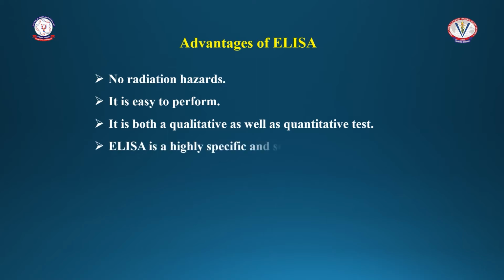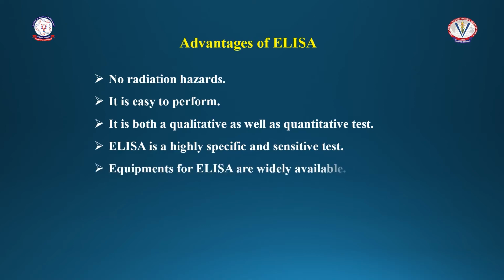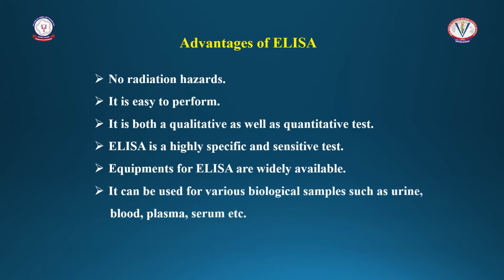It can detect the concentration of target antigen even in picograms, that is, at very low concentrations. Equipment for ELISA is widely available. Last but not least, it can be used for various biological samples such as urine, blood, plasma and serum, etc.